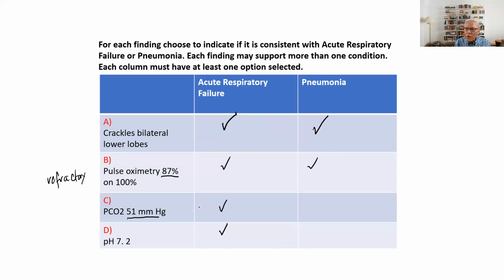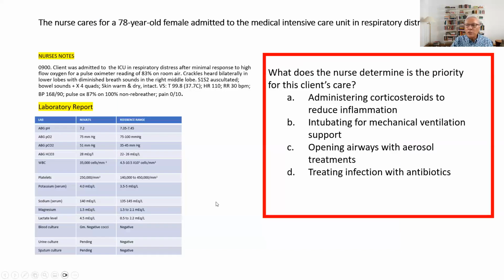In acute respiratory failure, you will see crackles as well as a pulse oximetry reading of 87%, despite the 100% FiO2, and the PCO2 of 51, and a pH of 7.2. Okay, so please stop me if you have any questions. So let's go now to the next question.